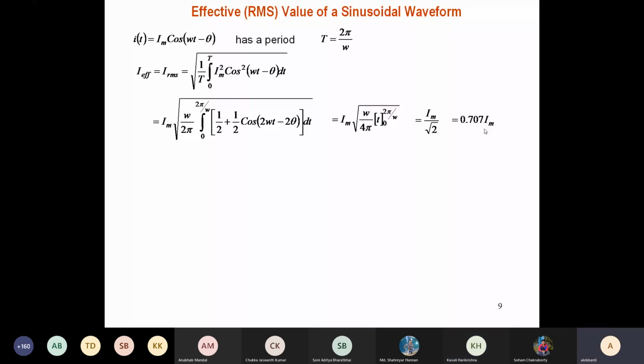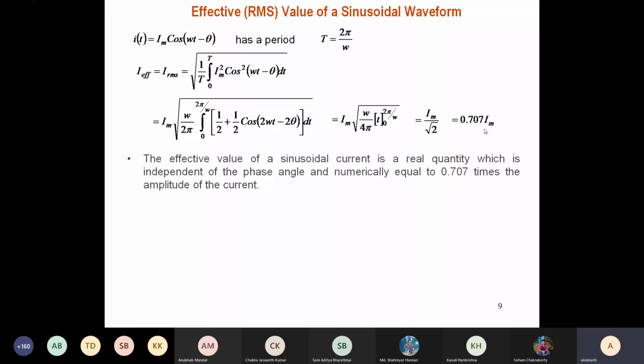So the effective value of a sinusoidal quantity is basically a real quantity which is independent of the phase angle and numerically equal to 0.707 times the amplitude of the current. Whatever is written there in mathematics is just written in the form of a language.